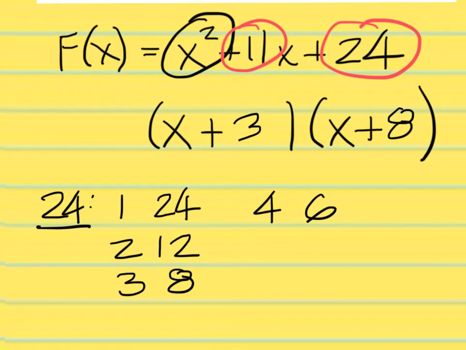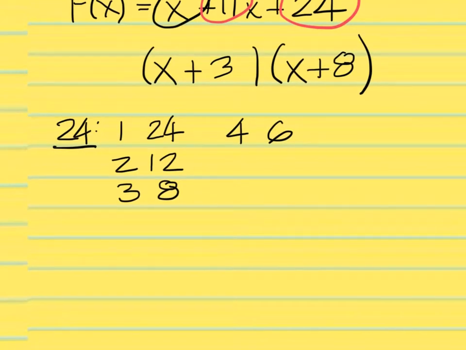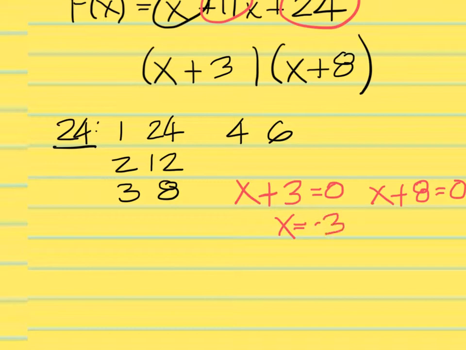So now we have the quantities. We want to set each one of those equal to 0. So x plus 3 equals 0 and x plus 8 equals 0. Move your constant to the right, change the sign in each case, and you come back with zeros that are -3, -8.